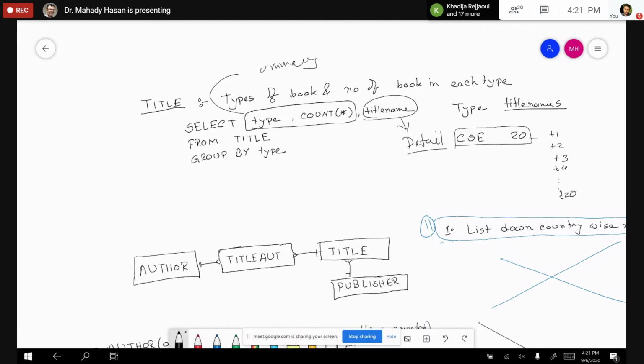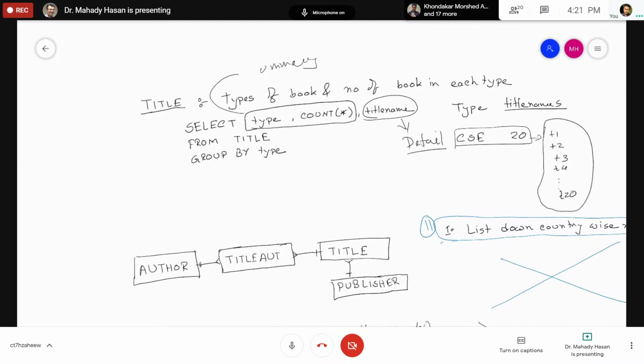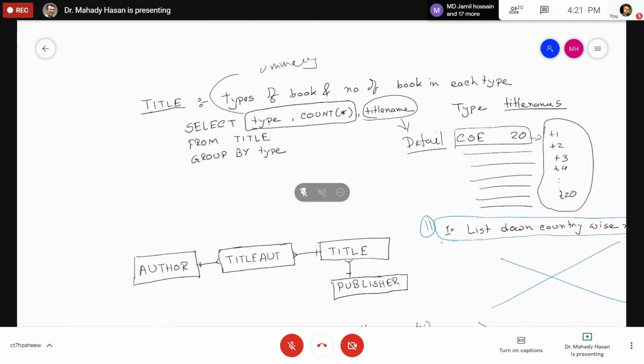Can we have detail along with the summary in the same row? As Onnoy was saying, it should be repeated, sir, right? But there is no reason for it to be repeated, because this is basically summary. We want to summarize information, right? So this is not possible. We can't have the detail and summary all together. That is a problem.